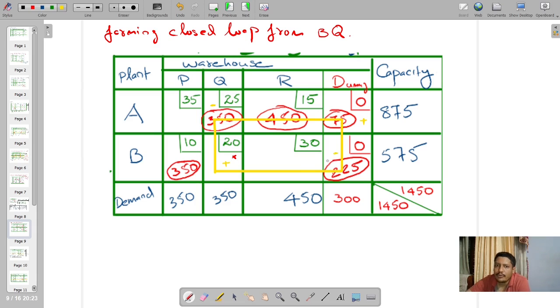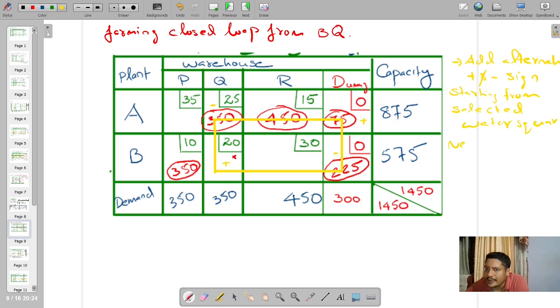Now we have added alternate plus and minus signs starting from the selected water square.